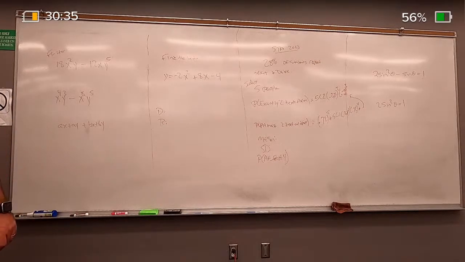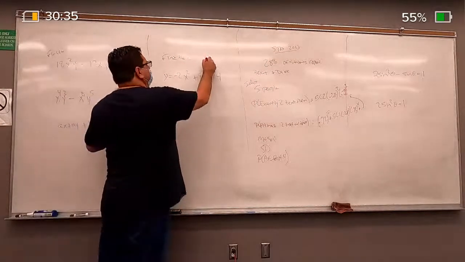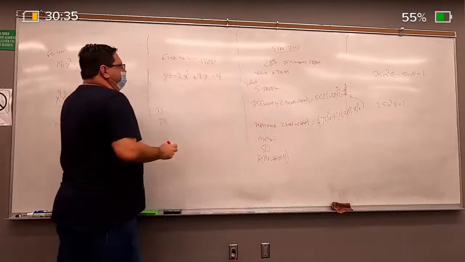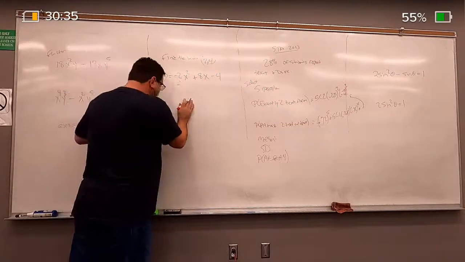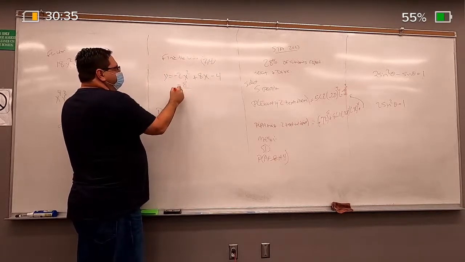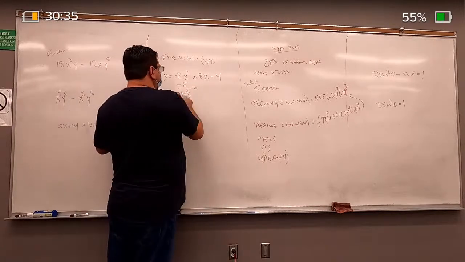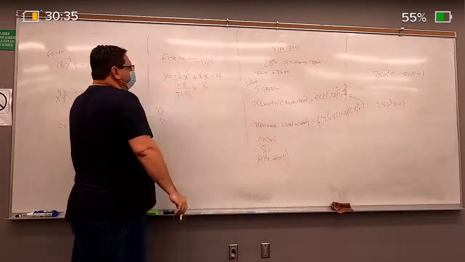For the vertex, I got 2, 4. Negative b over 2 times negative 2. This is 2.